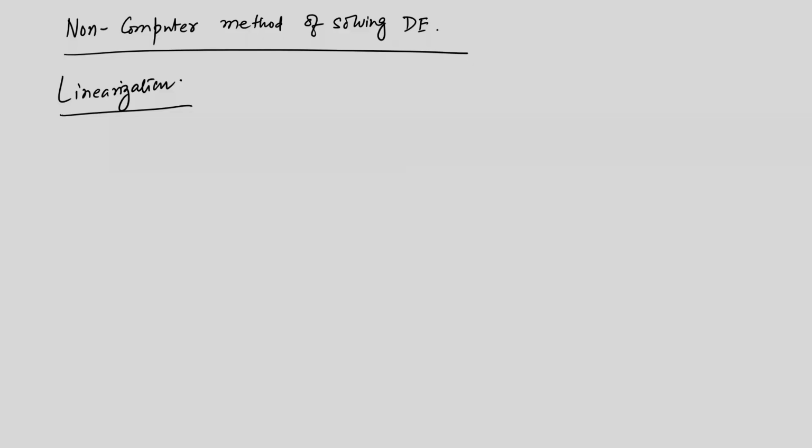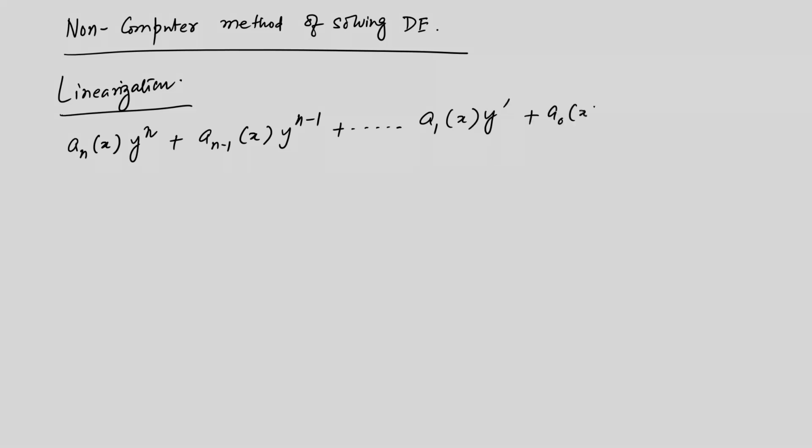Which means that even if you have a nonlinear equation, you try to linearize it, that is, you cast it in this form: a_n(x) y^(n) plus a_(n-1)(x) y^(n-1) and so on, plus a_1(x) y' plus a_0(x) y equal to some f(x).